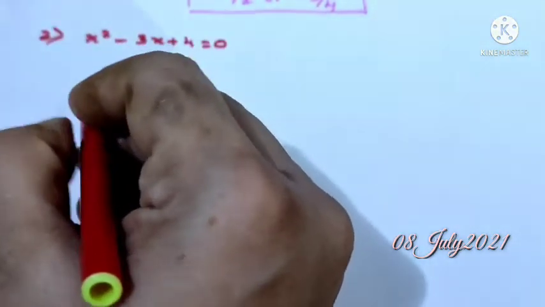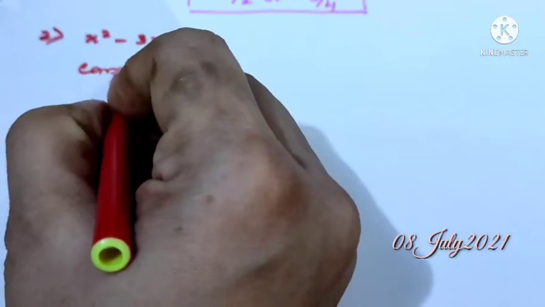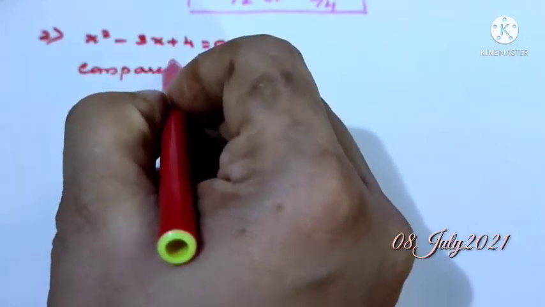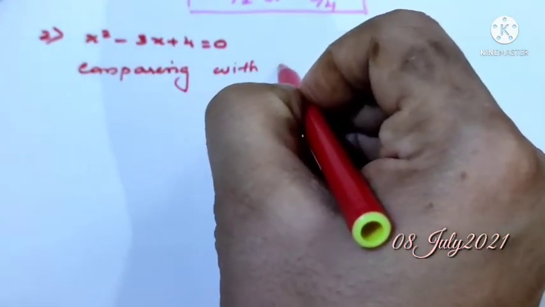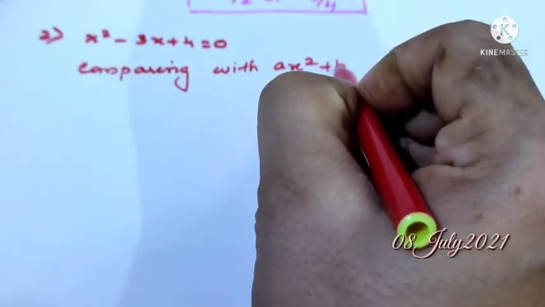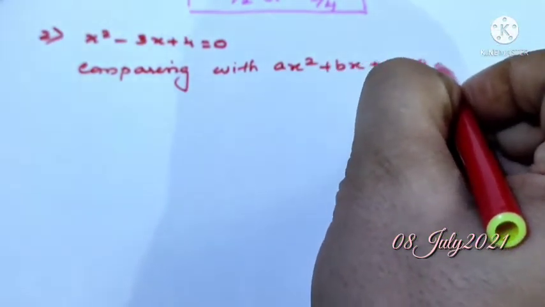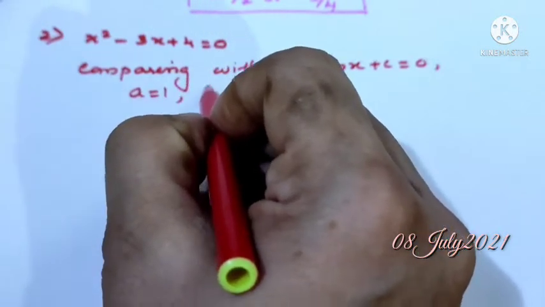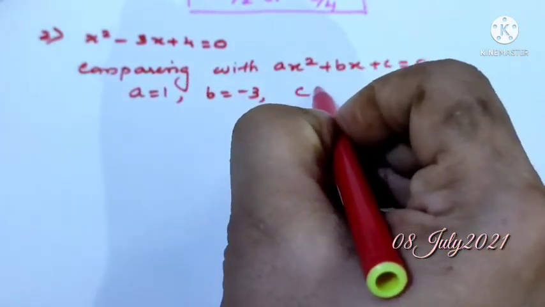x square minus 3x plus 4 equal to 0. Again, whether real roots are there or not, we have to calculate. So comparing with ax square plus bx plus c equal to 0, we have a equal to 1, b equal to minus 3 and c equal to 4.